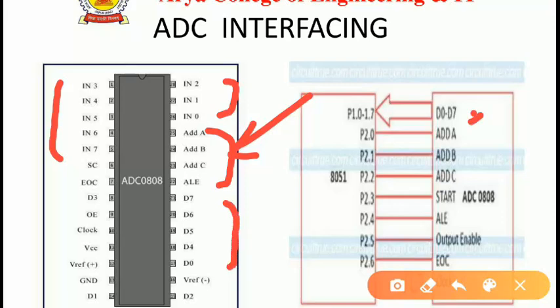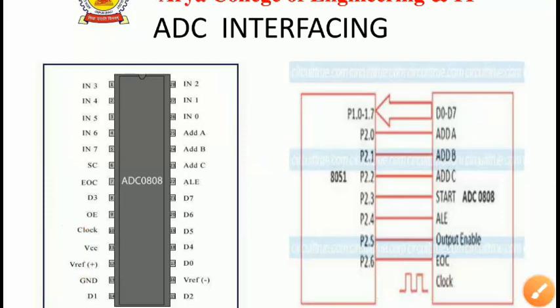And similarly we have the clock pulse, VCC, reference voltage, and ground. So this is all about the ADC interfacing with microcontroller. In this video we completed the interfacing of different devices with microcontroller. In the next video we will discuss the remaining topics of unit 4. Okay, thank you.